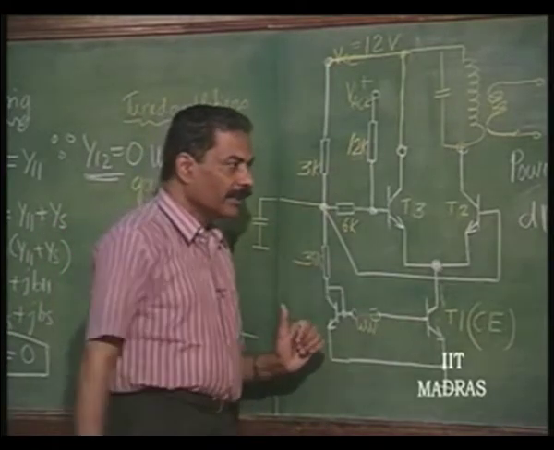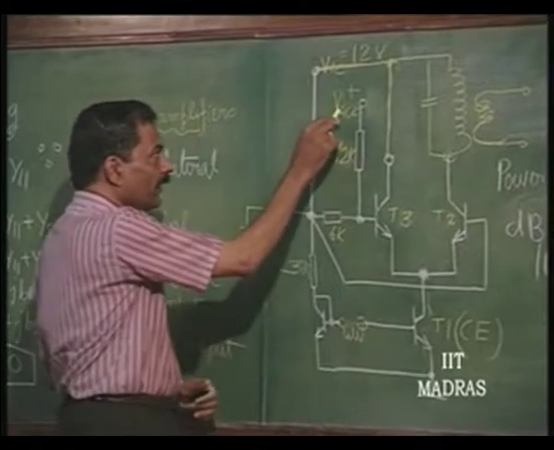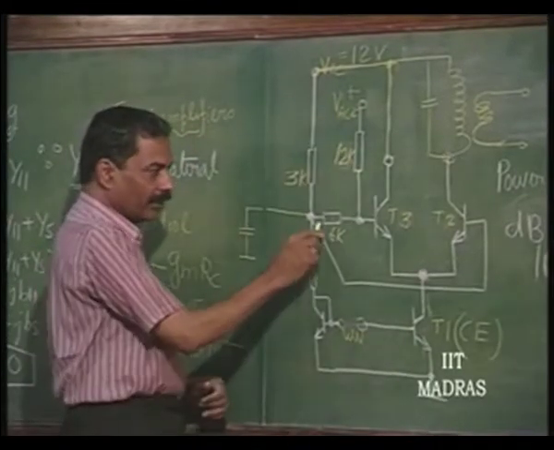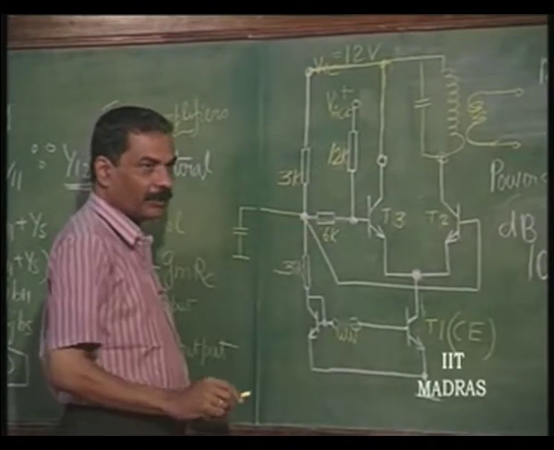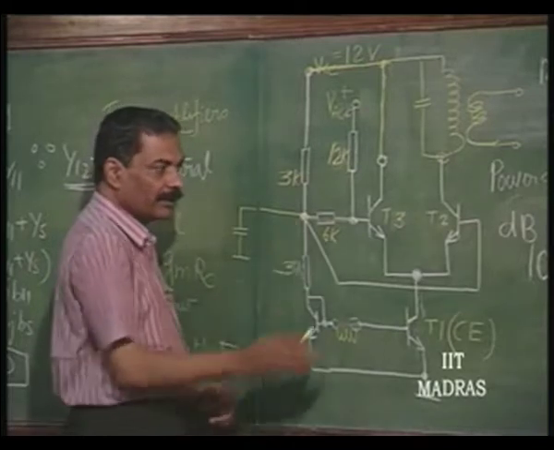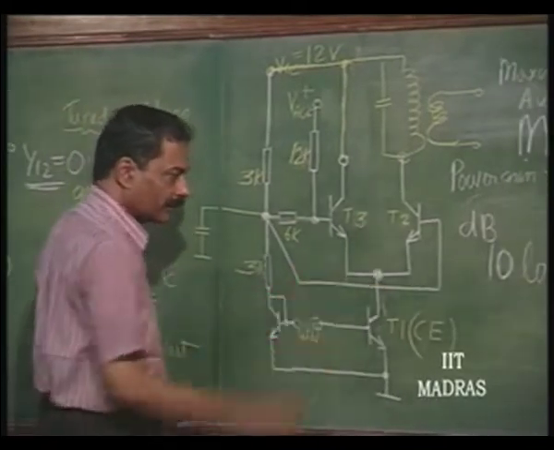Okay. We can actually find out what is the variation in VAGC in order to create the required variation at this point from base to base, in order to divert the current from here to here.